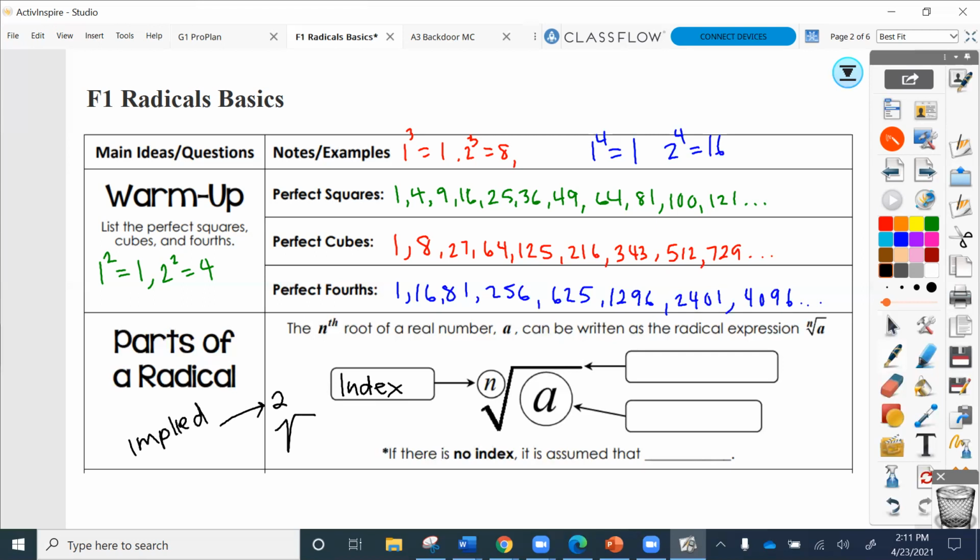But if it's the cube root, you would write the index. All right, the little check mark or little sign itself, that's called the radical sign. And the thing underneath the radical sign is called the radicand.